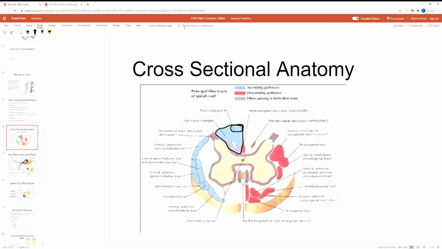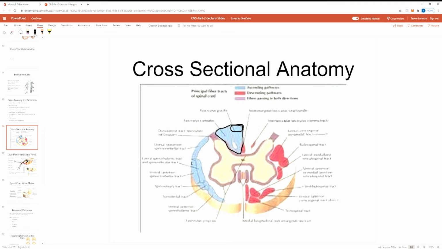Okay, so we were talking about this region right here as an example. It's a part of a tract, a spinal tract, that carries proprioceptive input and discriminative touch, the ability to tell the difference between a quarter and a penny in your pocket, for example, or a house key or whatever. All that information travels to the brain in axons within this tract.